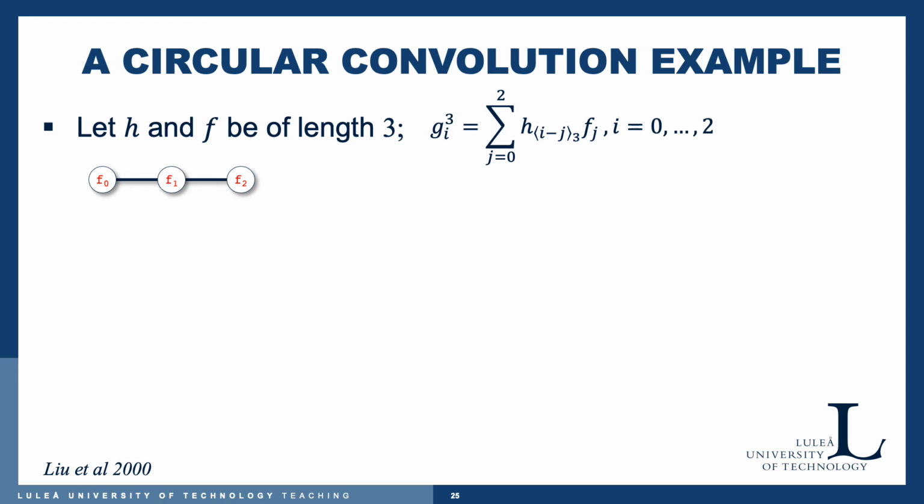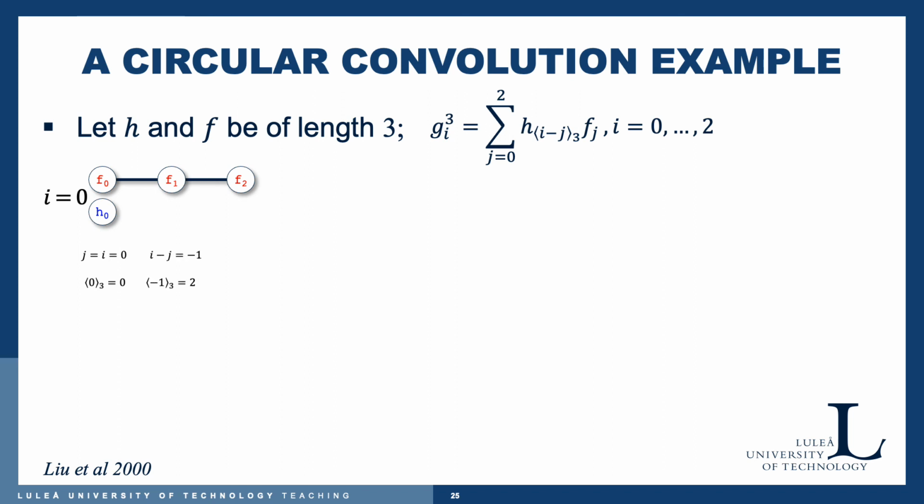So we have f0, f1, f2, and for i equals 0, when j, the first summation index, is 0 and i is 0, then we also have modulo 3 of 0, which is 0, and therefore we should multiply f0 with h0.